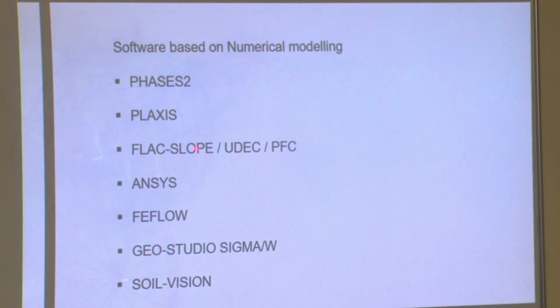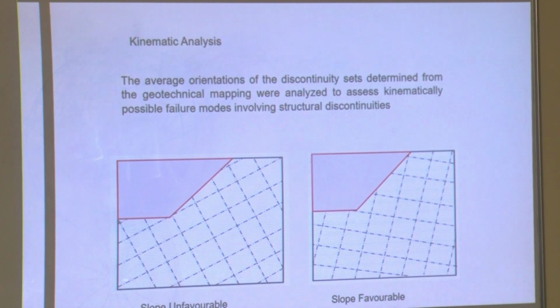FLAC is majorly used, UDEC is also used, PFC is also used, Phase2 2D and 3D also used, Plaxis is also used, and GeoStudio is common because GeoStudio also has a finite element package. Kinematic analysis is very brief, I have given an introduction. Now I want to switch over to a few aspects of the topic.